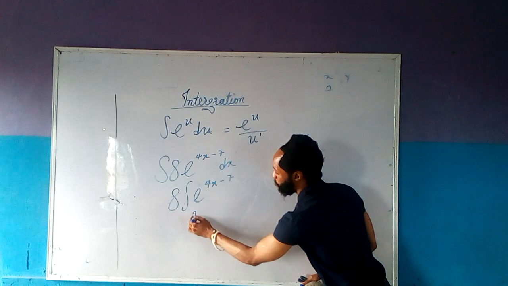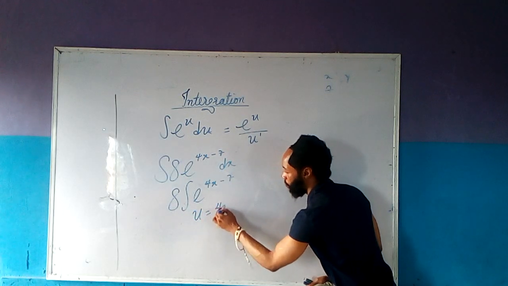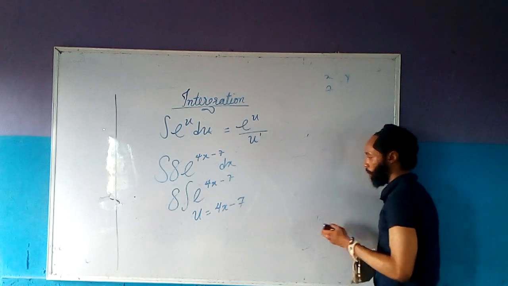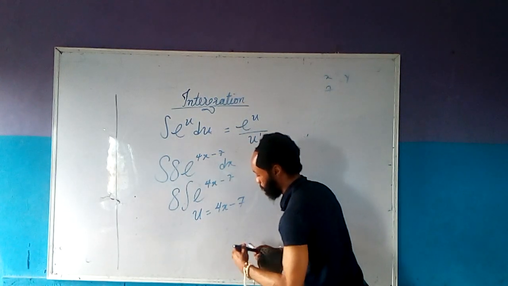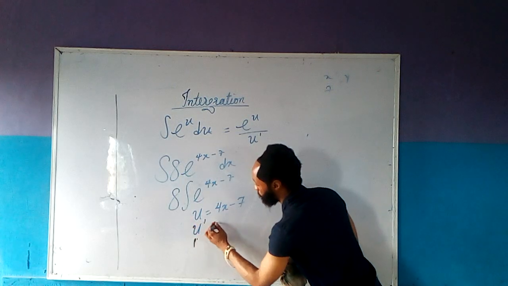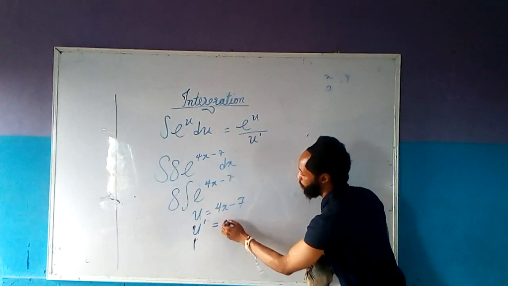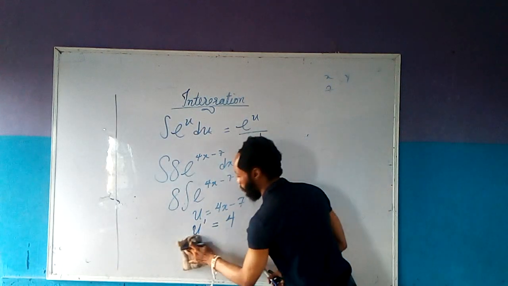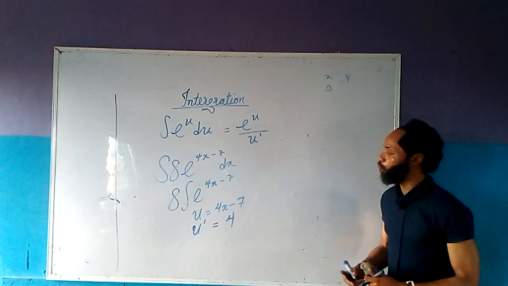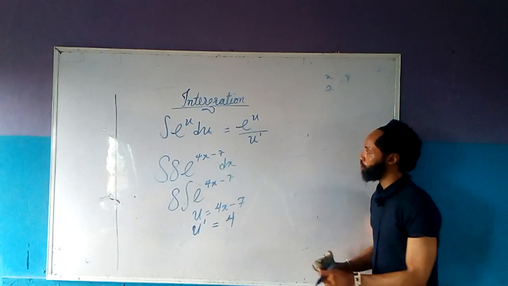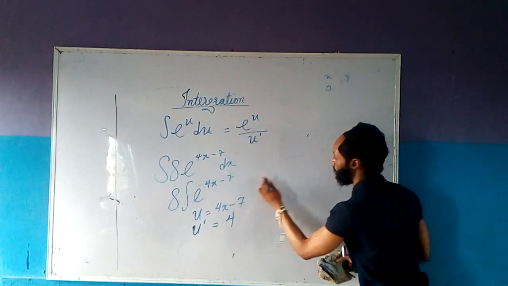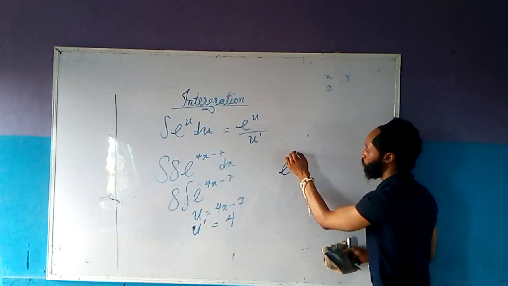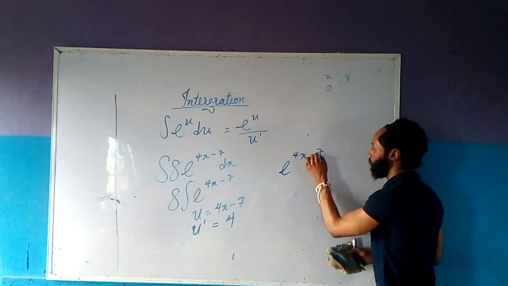So let's do it. We have our u. Our u is 4x minus 7. Then our u prime will be 4. So now we can set our values: e raised to power u, which is 4x minus 7.